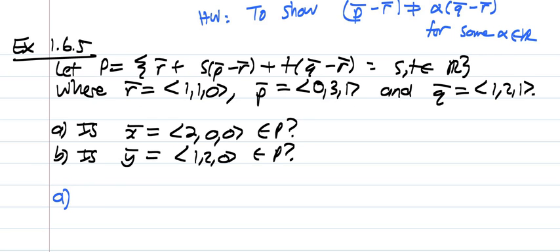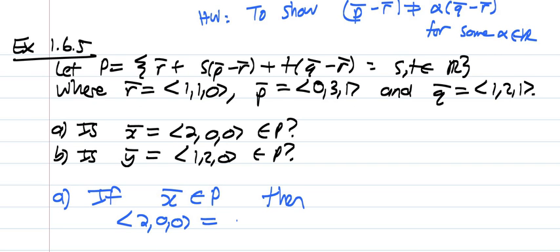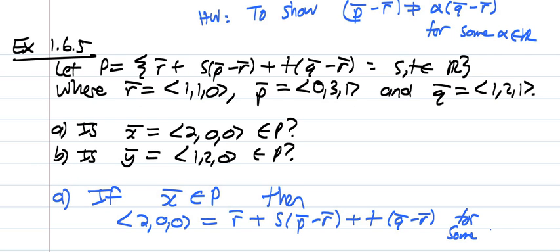I'm going to start off by saying, if the vector x is on P, then the vector (2, 0, 0) is equal to R plus S(P minus R) plus T(Q minus R) for some scalars S and T.